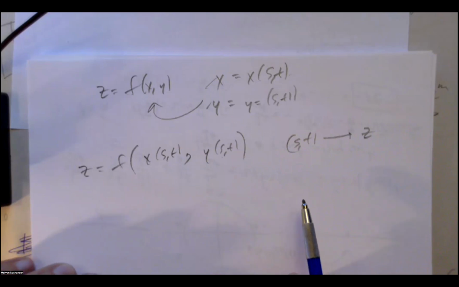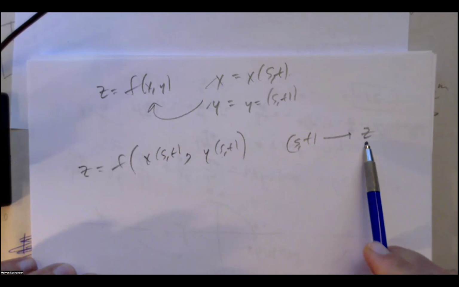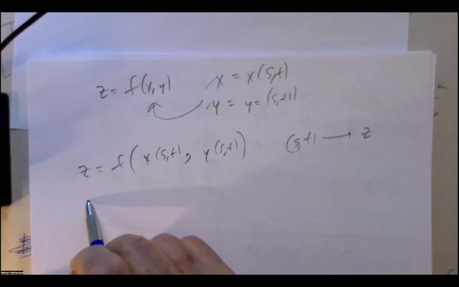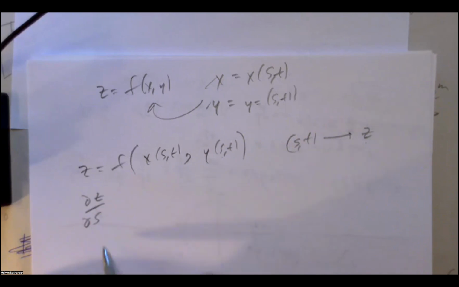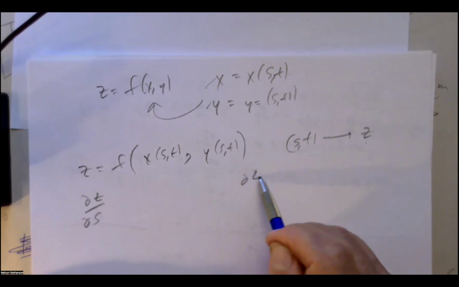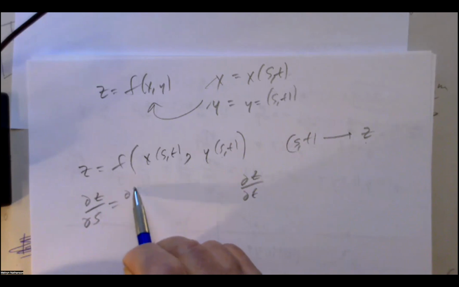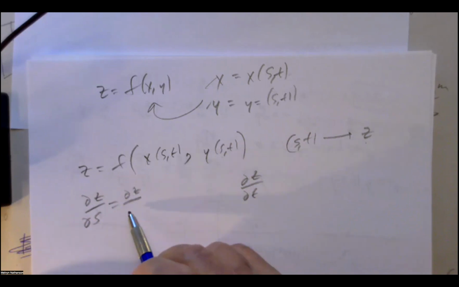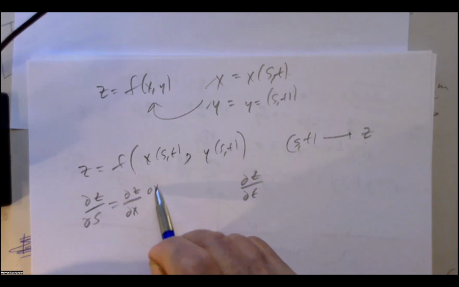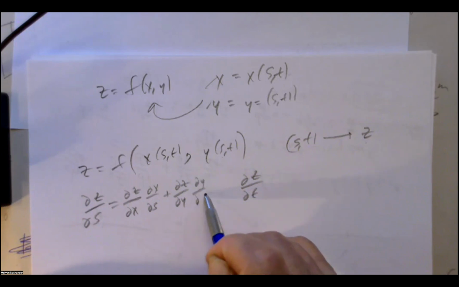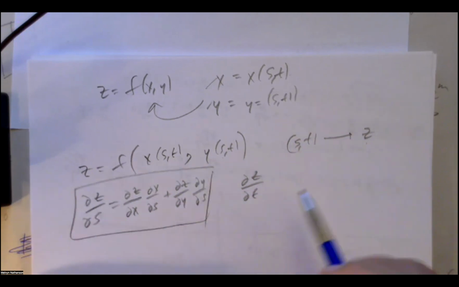And this is a function of two variables, so we can't talk about dz/dt. We can only talk about the partial of z with respect to s and the partial of z with respect to t. And the chain rule tells us what these are. The partial of z with respect to s is the partial of z with respect to x times the partial of x with respect to s, plus the partial of z with respect to y times the partial of y with respect to s.